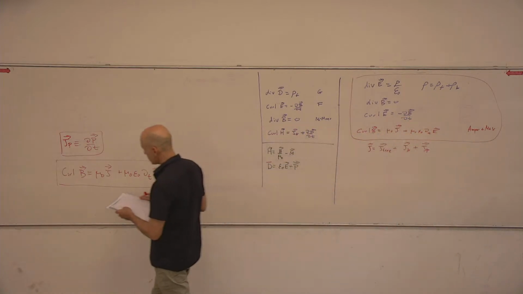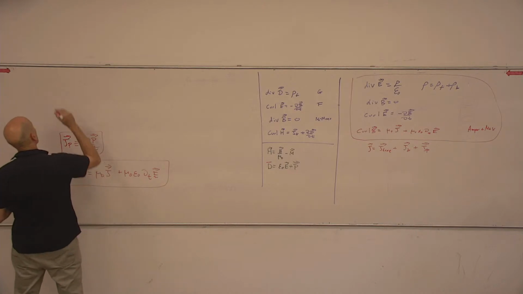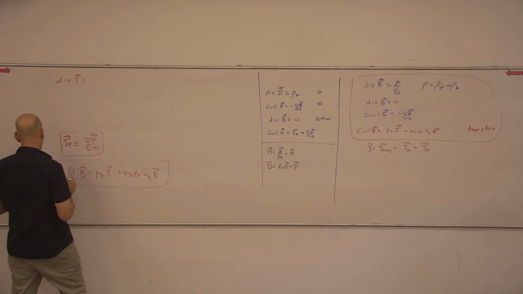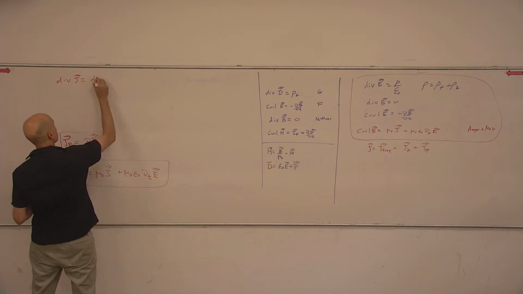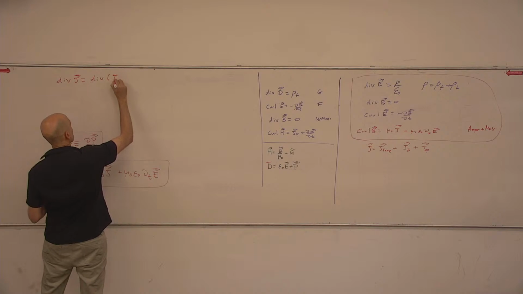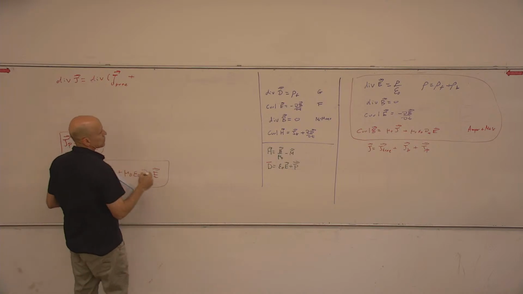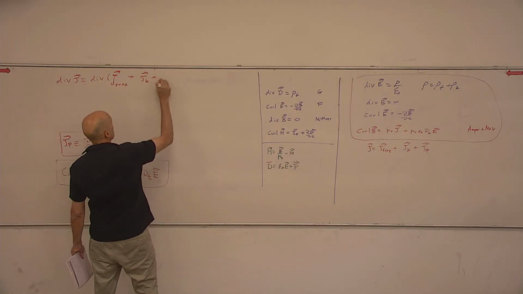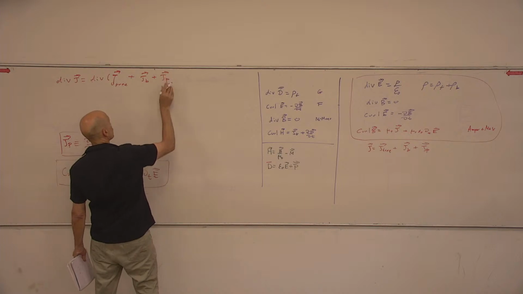These Maxwell equations are very strange. So let us look at div J, which is equal to div of J free, that's just the definition, plus JB plus JP, the current due to the polarization.